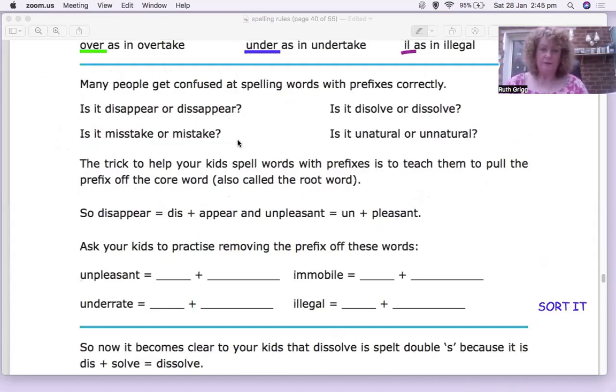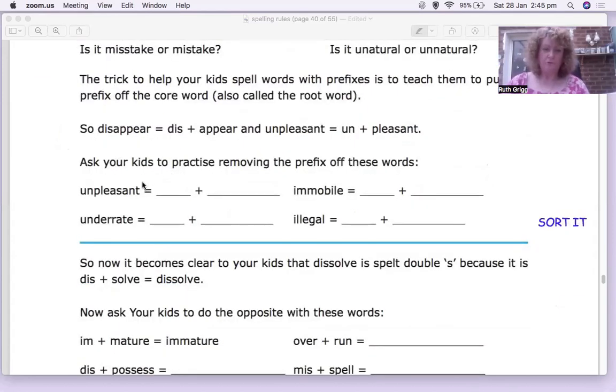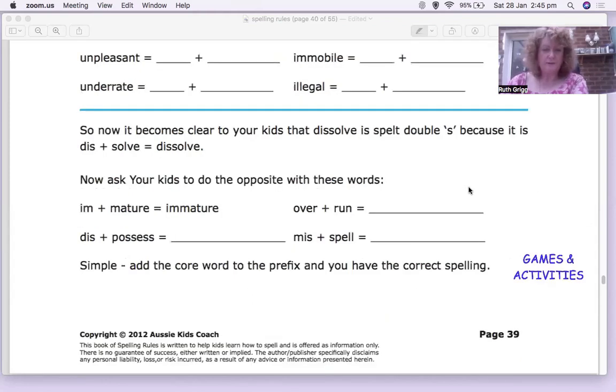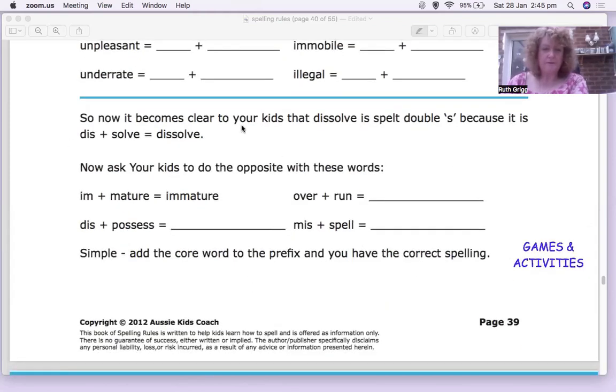And down here, you're writing the prefix and you're writing the root word. Now with these, it says, that's because to dissolve, we need to do the opposite with these words, im and mature. So the word here is immature. So you just put them together, over and run. You put them together, overrun.